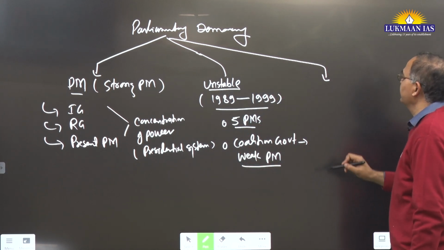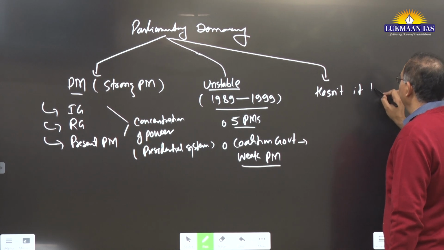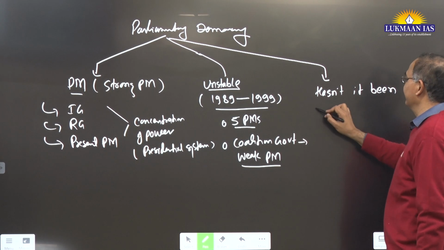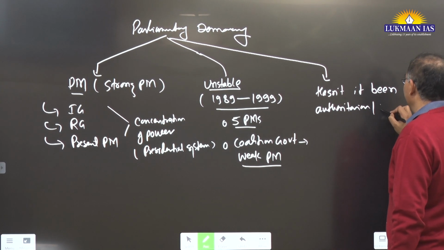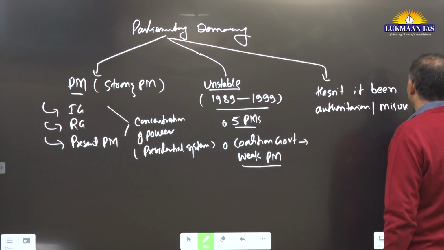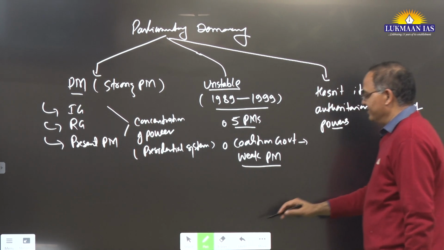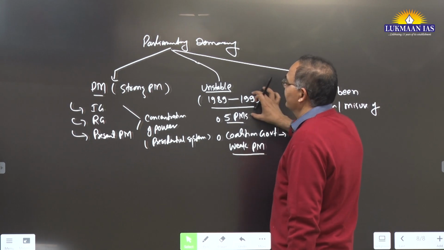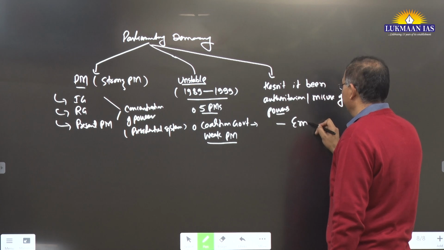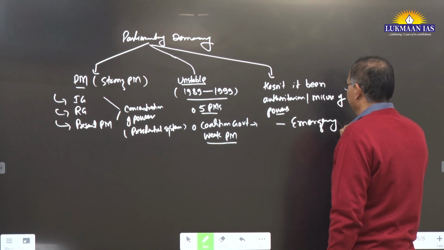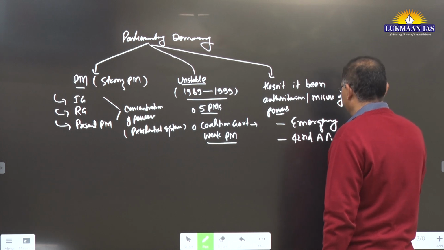Now, let's say, hasn't it been authoritarian? Misuse of power. So we have misuse of powers. You know it: Emergency, the 42nd Amendment Act.